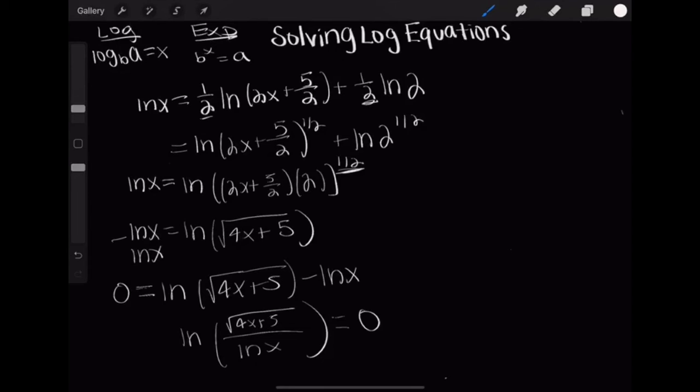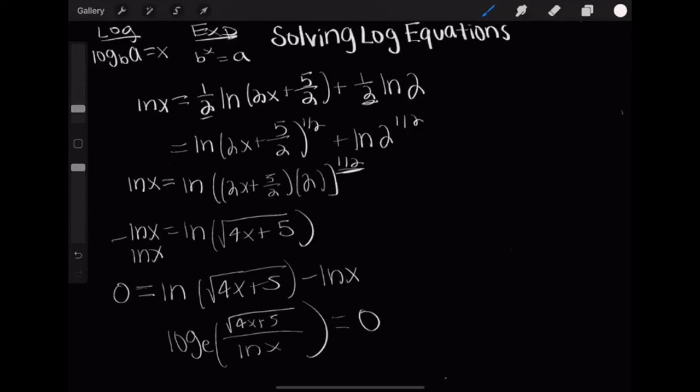Okay, so now we know that this is a natural log, so ln can also be written as log base e. So now it's time to convert this to exponential form.